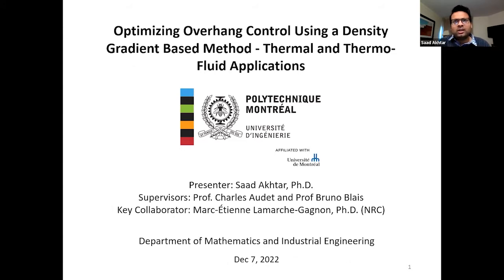This project was part of a bigger consortium of Metal Tech, industry collaborators working to improve the efficiency of cooling channels in different industrial applications, most of them geared towards aluminum manufacturing industries, manufacturing aluminum parts using molds and dies. Our key collaborator for this project was National Research Council Canada, specifically Marc-Etienne Lamarche-Gagnon, a research officer there. He's our close contact for this project.